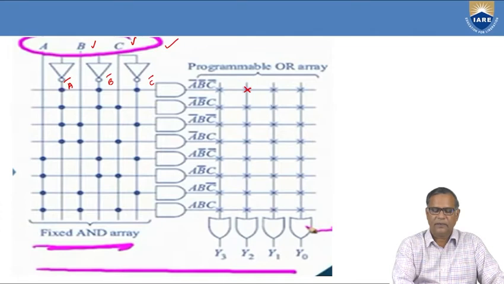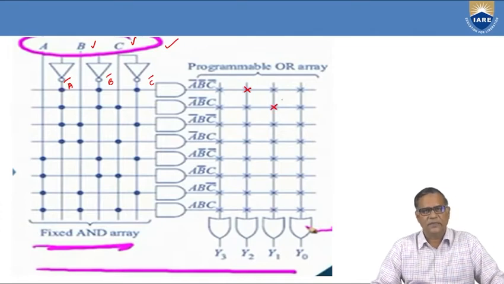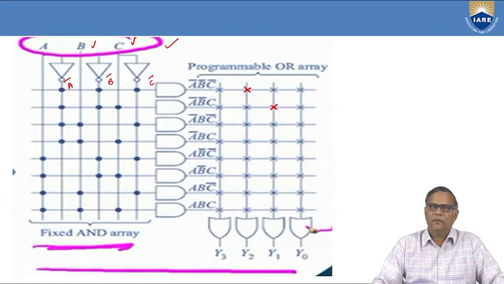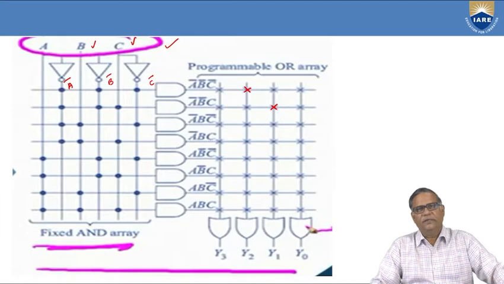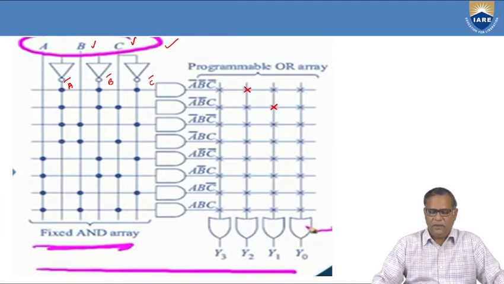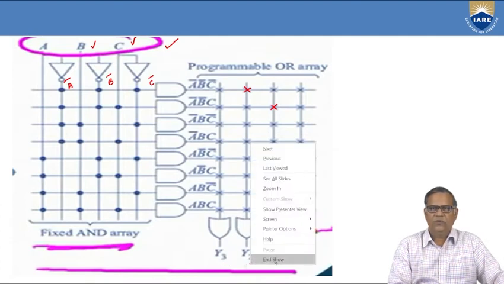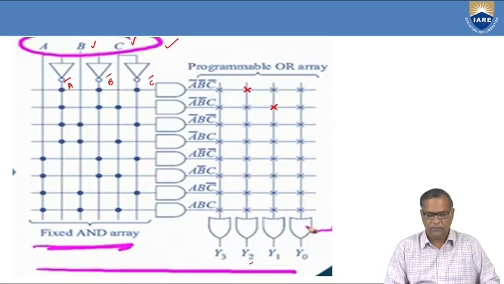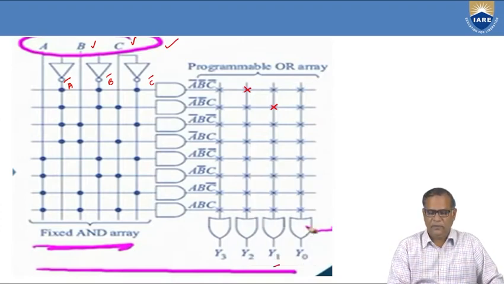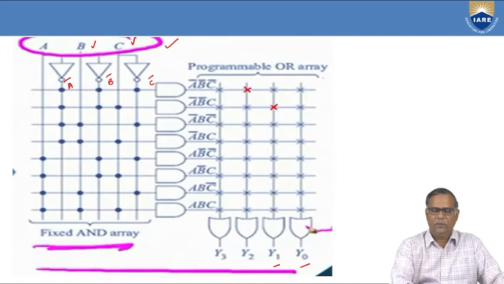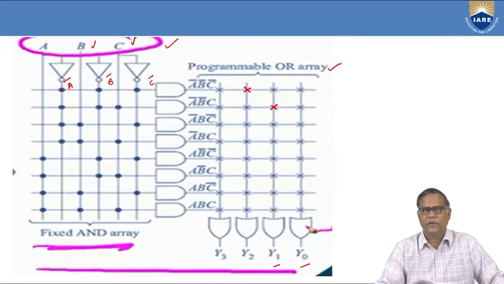What you are seeing here in the crossbar are the fusible links, and depending upon the Boolean function, the fusible link can stay, or you can blow out the fusible link. Here we have 4 possible Boolean functions: y3, y2, y1 and y0. So this is a fixed AND array, and this is the programmable OR array.